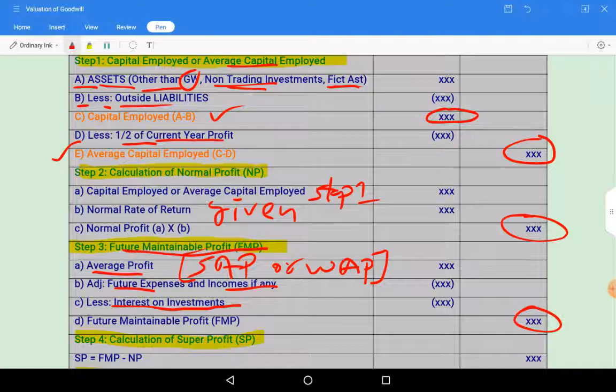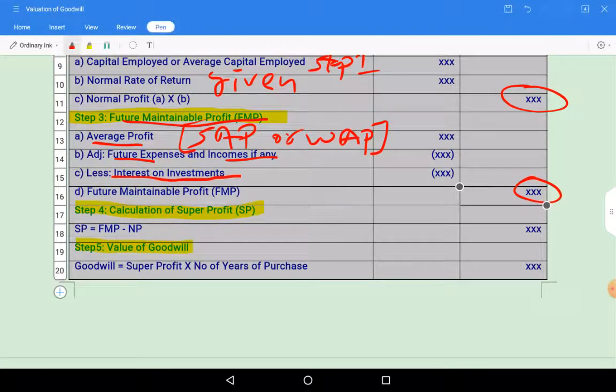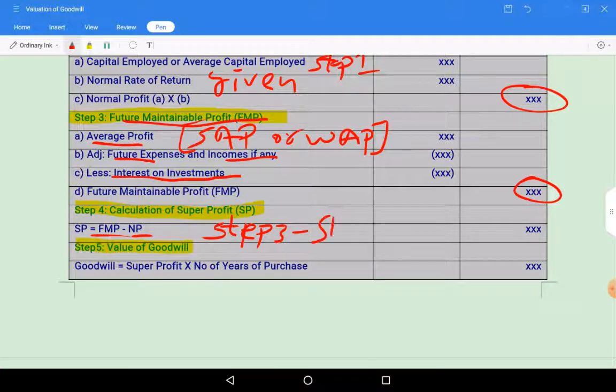Step 4, that is very easy, that is nothing but your super profit. How to calculate super profit? SP, super profit, is equal to FMP minus NP. Here step 3 minus step 2 is nothing but your step 4, that is super profit.